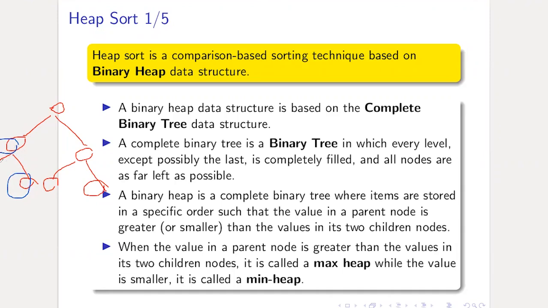If this value is less than the two children, it is called a min heap. So a binary heap can be either a max heap or a min heap. For our algorithm here for heap sort, we are using a max heap.